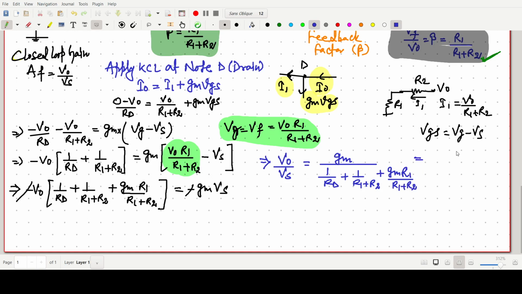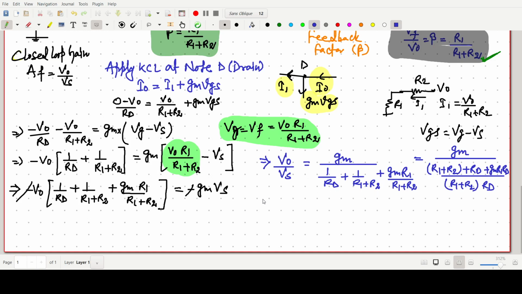Okay, so now next what we can write, Gm, and if we take common, means take the LCM, R1 plus R2 times Rd. Okay, so first we have to write R1 plus R2 plus Rd plus Gm R1 Rd, Gm R1 into Rd.